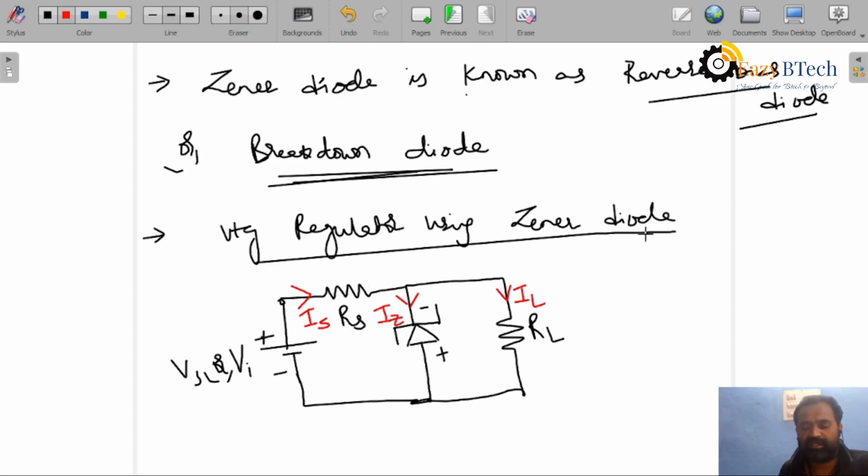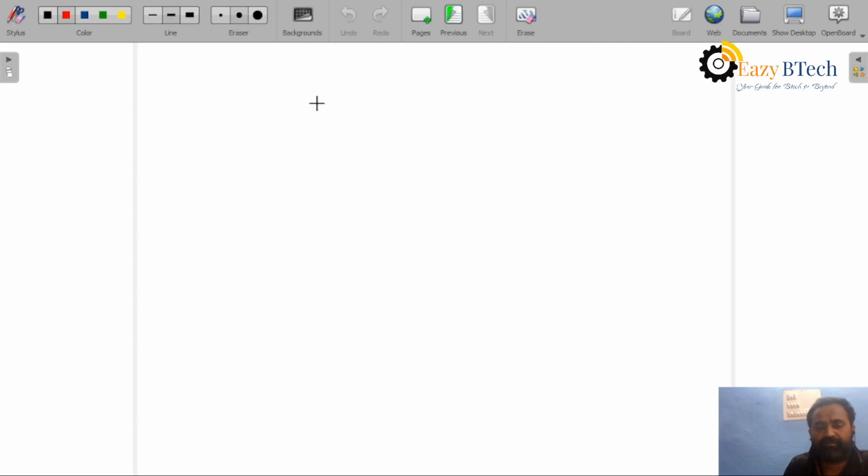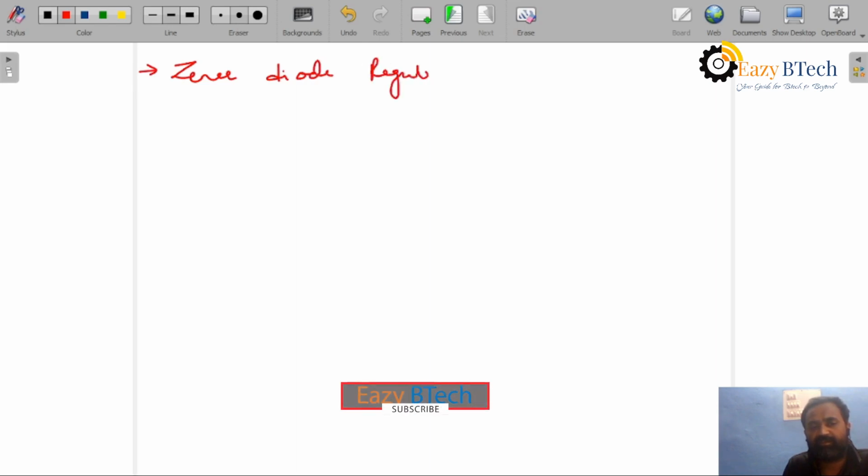Now you can clearly see this Zener diode regulator is classified into two types.